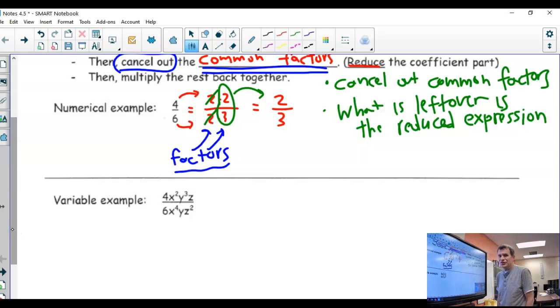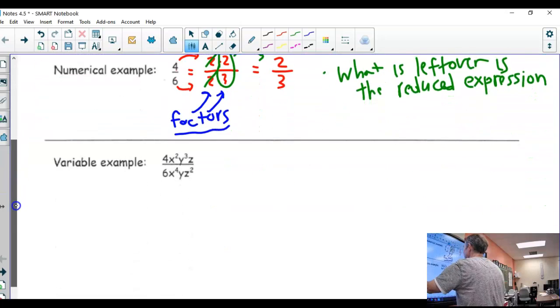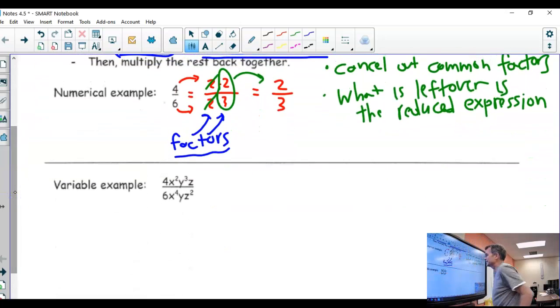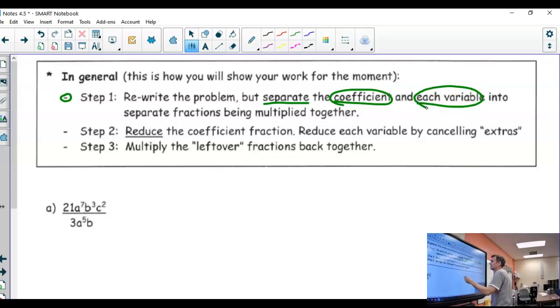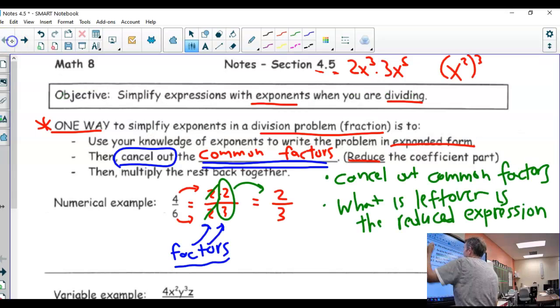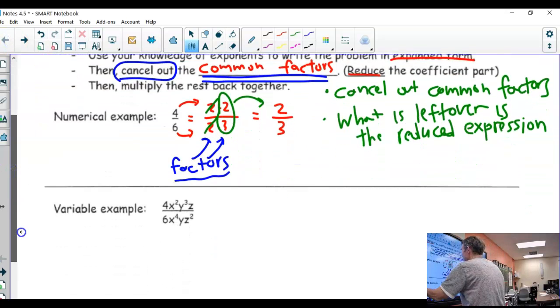So the first thing I'm going to do is separate everything. Step 1, I'm going to rewrite the problem, but I'm going to separate the coefficient and each variable into separate fractions. All right, so that might look like this.